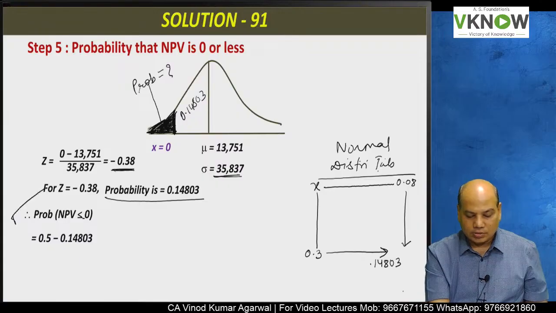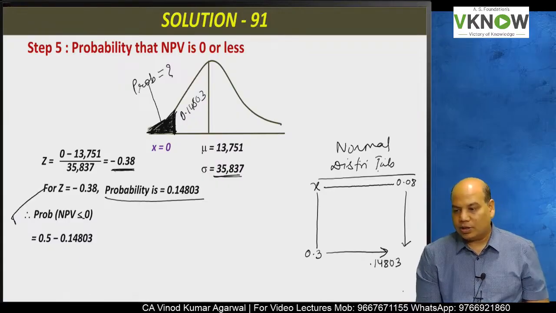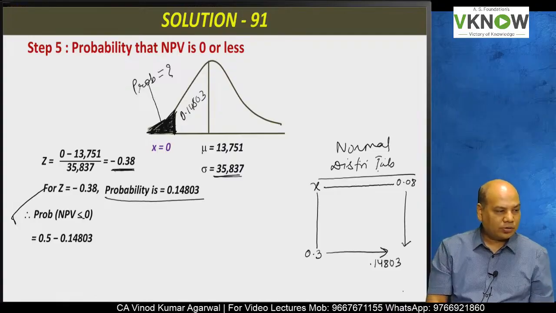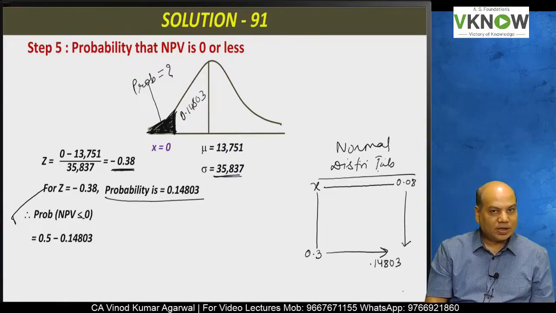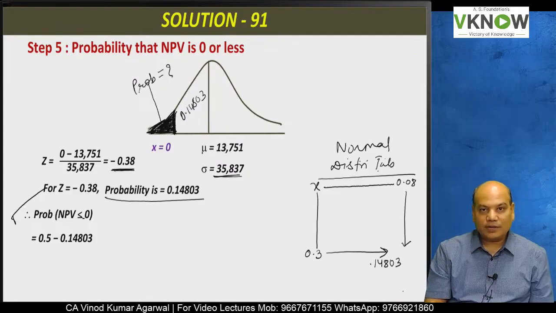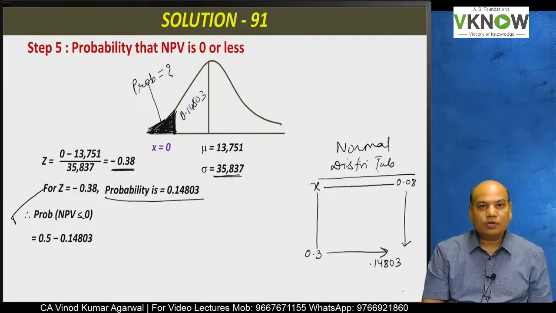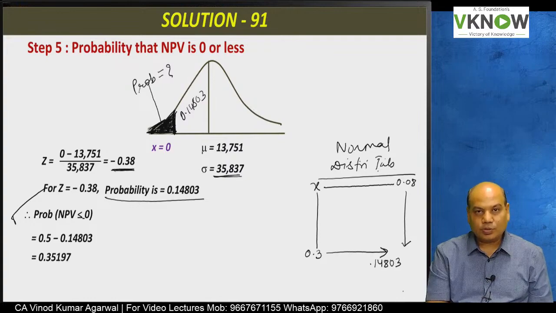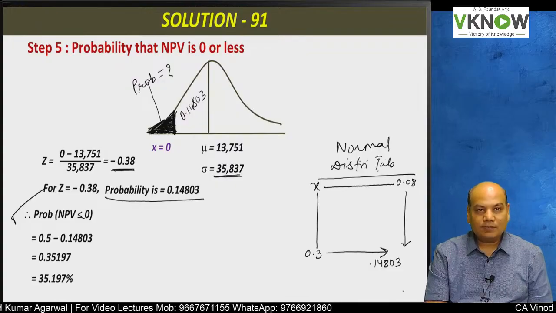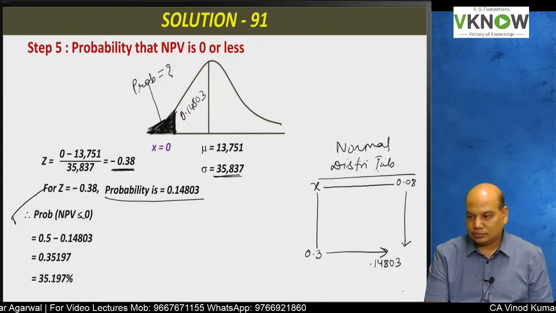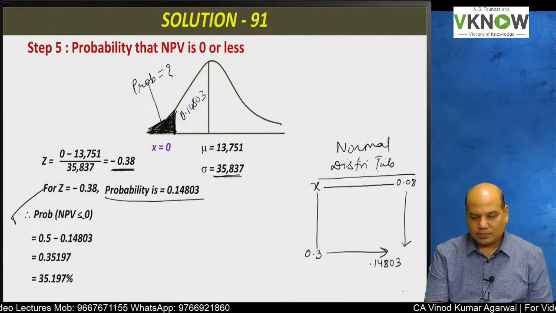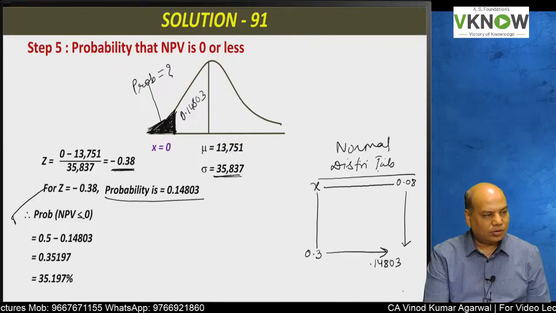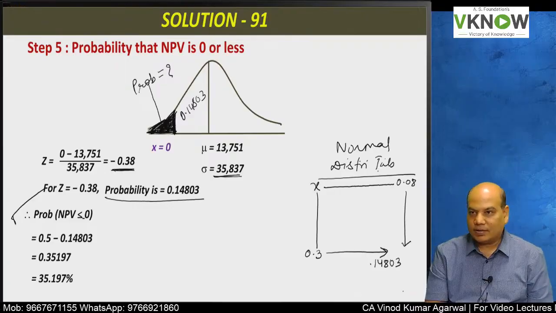So last line write down for this answer, probability NPV is less than or equal to 0 is 0.5 minus 0.14803 equal to 0.35197. Also write in percentage, 35.197%. This is my answer of probability that NPV is 0 or less. Okay.